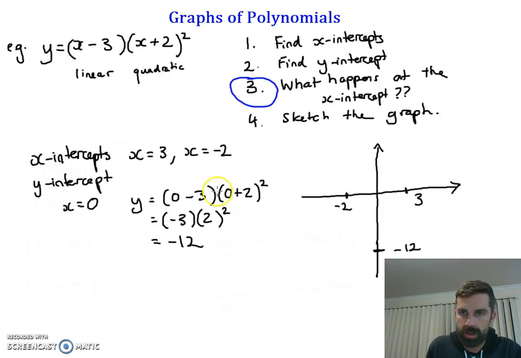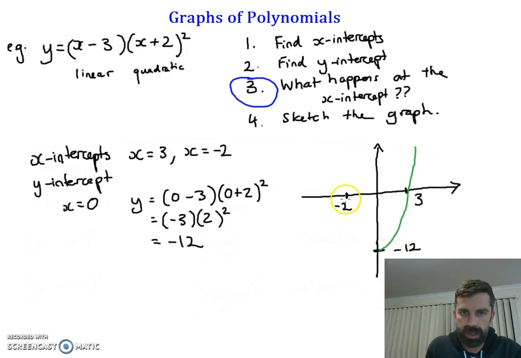All right. What do I know? Well, I know that at x equals 3, we're going to cut through the x-axis. So I know that it's got to cut through here and go down to this y-intercept at y equals negative 12. So I'm just going to draw that part of the equation to start with.